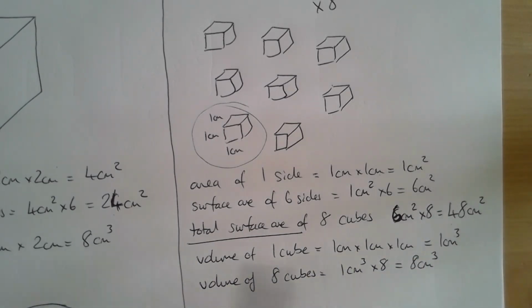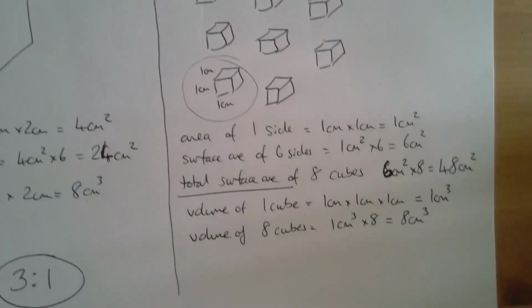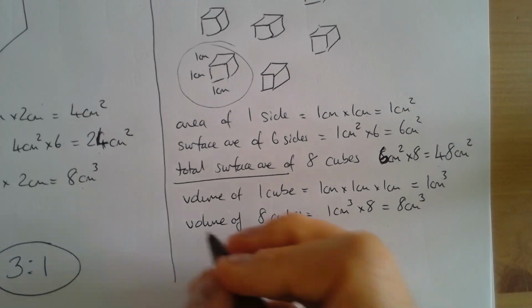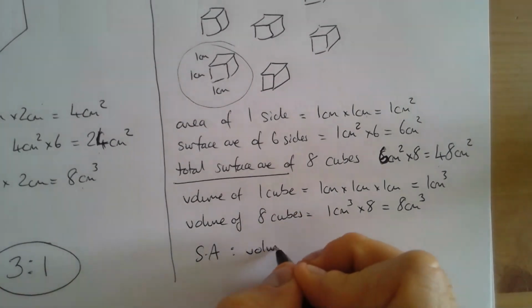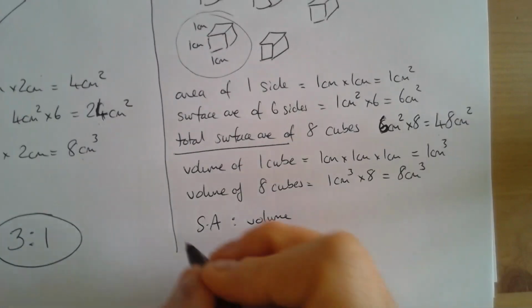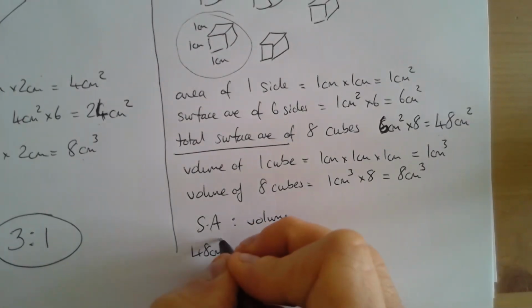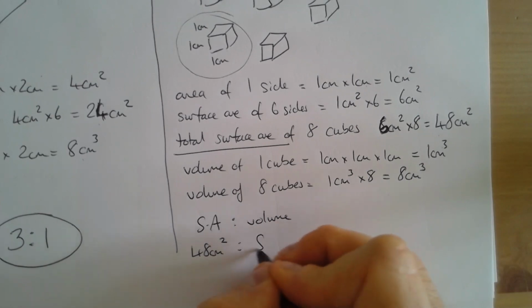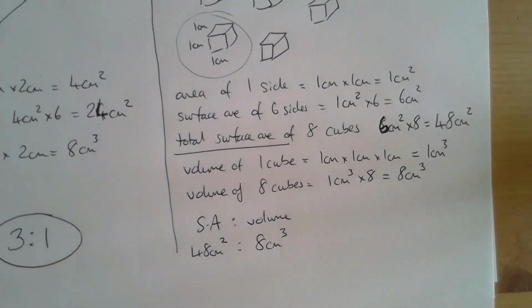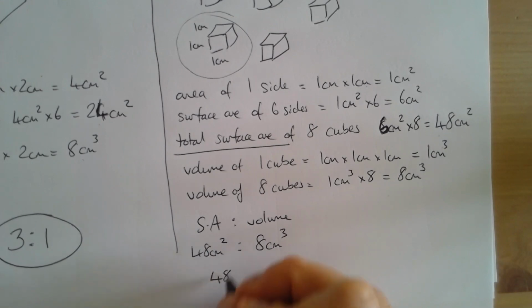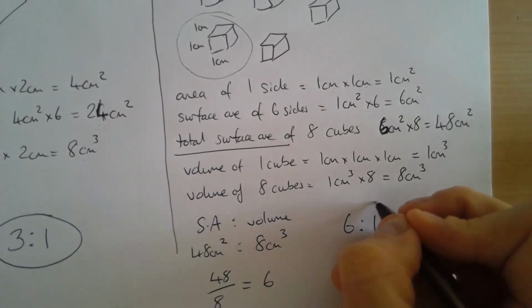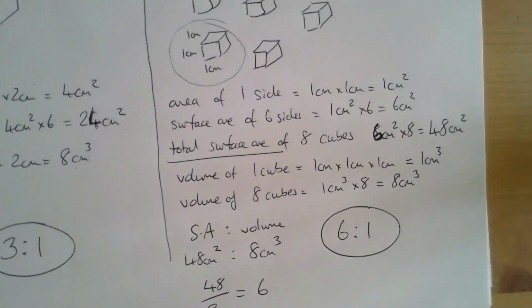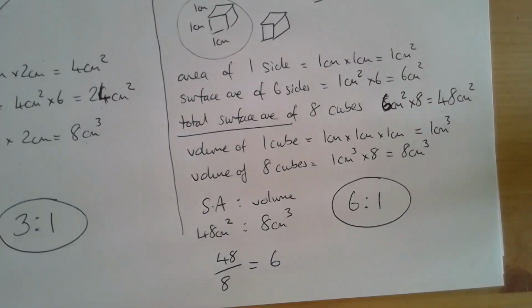And if we have a look, that is indeed the same volume as we had for the previous example. So surface area to volume ratio, remember SA I'm abbreviating for surface area. Surface area to volume ratio, this time it's 48 centimeters squared to 8 cubic centimeters. So I do my calculation by this, and therefore this is my surface area to volume ratio.